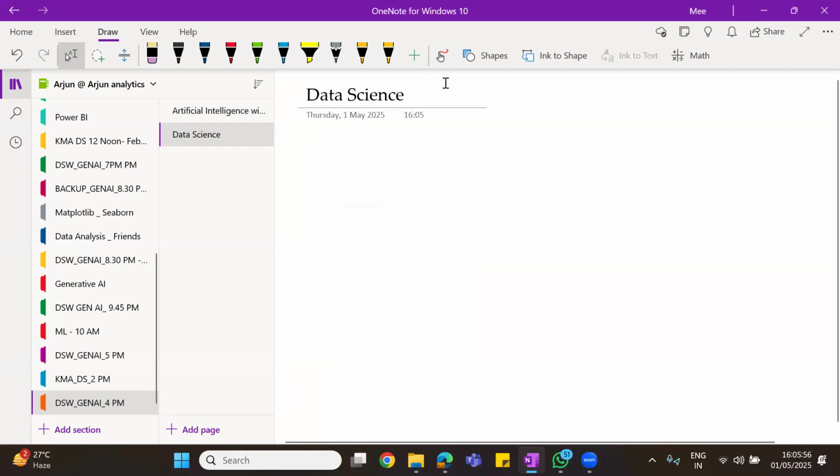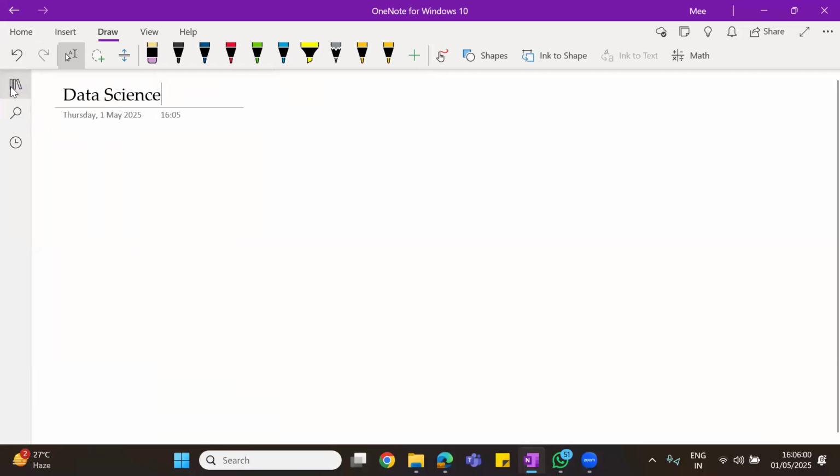Okay, first let's see this. What is data science? We have written the definition yesterday, and I explained it to you also.